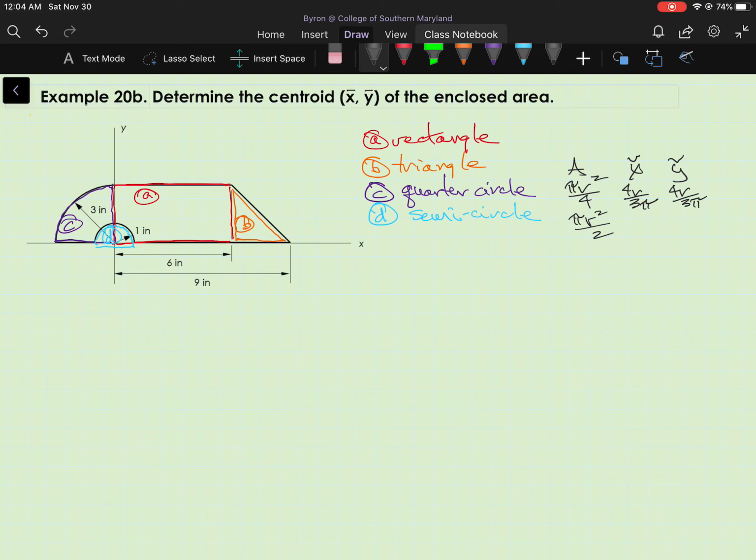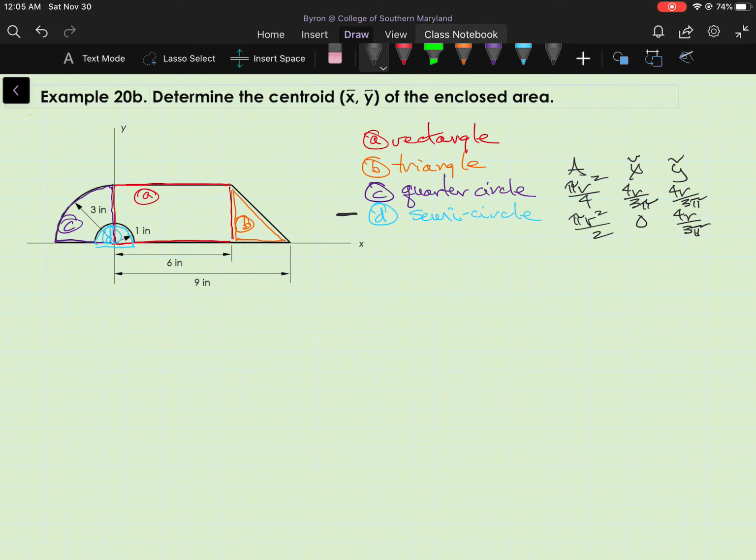Now the semicircle, by symmetry, x tilde is going to be 0, and y tilde is also 4r over 3 pi. Okay, and we need to remember that the semicircle is going to be negative. We need to subtract that out when we do our summations.